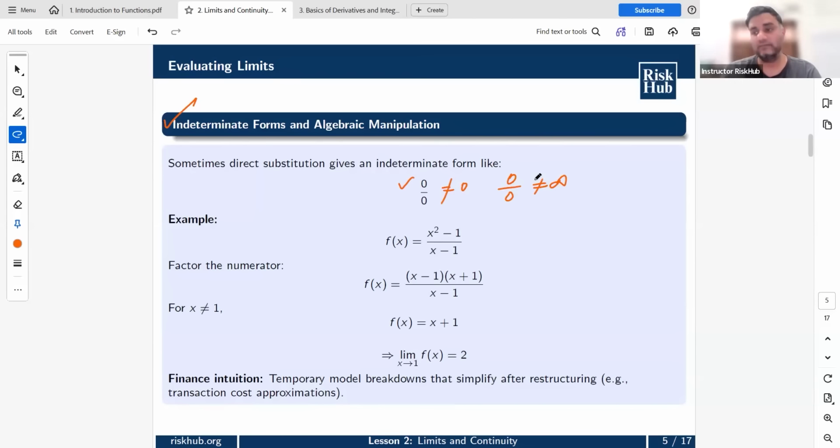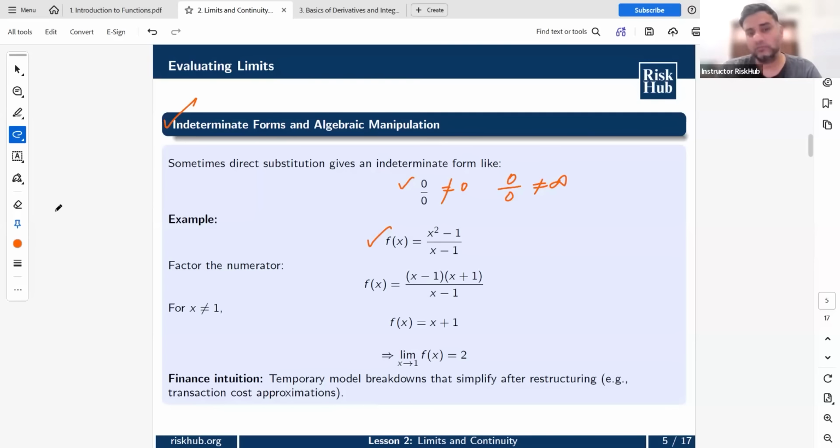If I have an example, f(x) is equal to (x square minus 1) divided by (x minus 1), and you are asked to find the limit as x tends to 1. First is direct substitution.